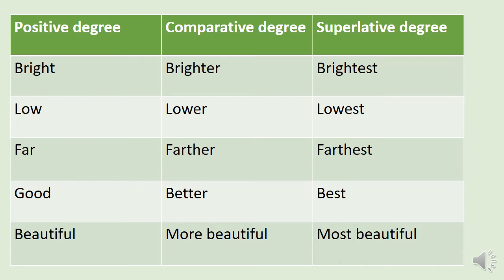So, the comparative form of the word beautiful is more beautiful and the superlative form of it is most beautiful. Thus, we have to know different forms of degrees to use them properly in sentences.